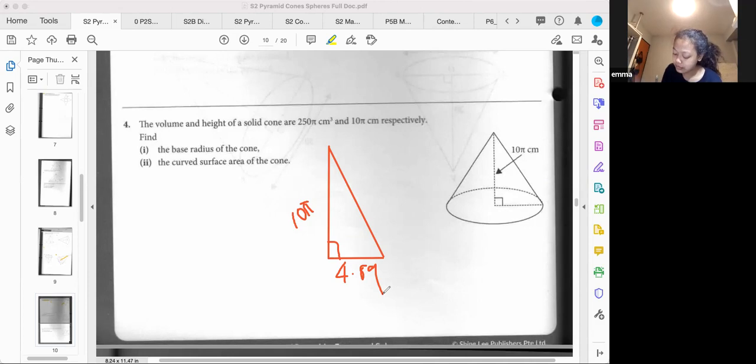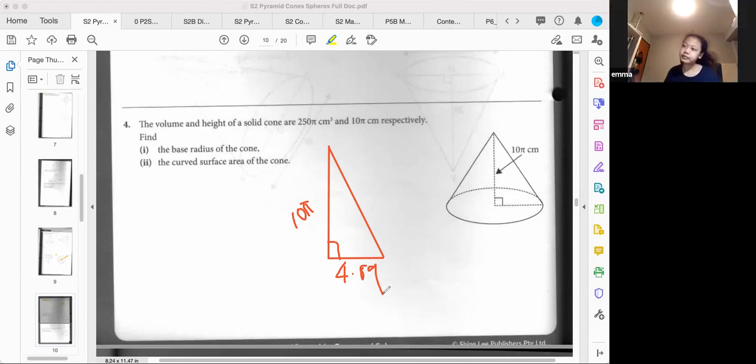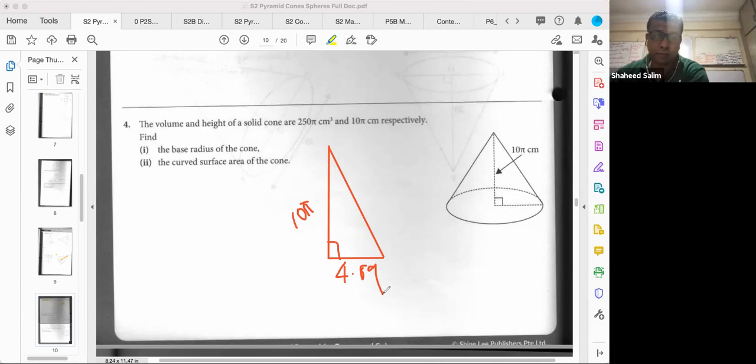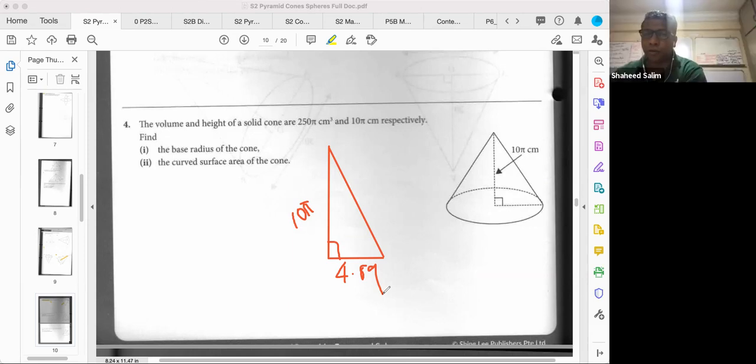171.49. Okay, just a moment. 171.49. But that's not the same answer. There's a curved surface area, is it? You say the answer is 488. Okay, you can take a photo of your working.